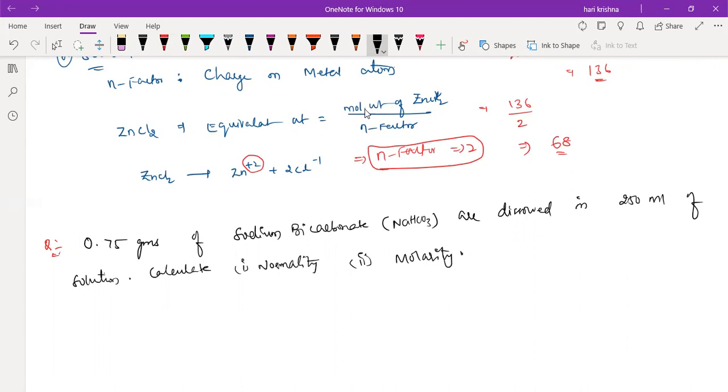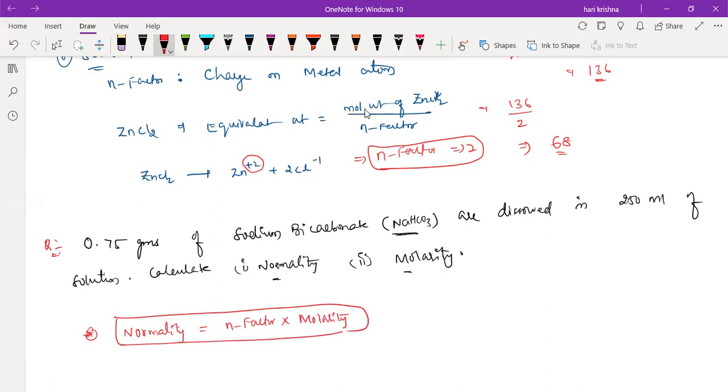NaHCO3 is the formula for sodium bicarbonate. They are asking to calculate the equivalent normality and the molarity. One more relationship between normality and molarity is: normality is equal to n factor into molarity.